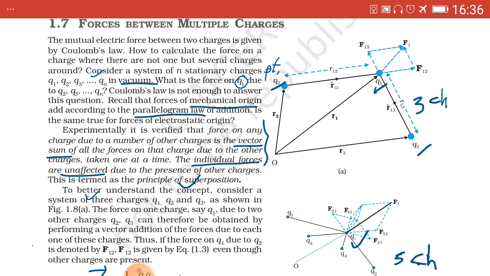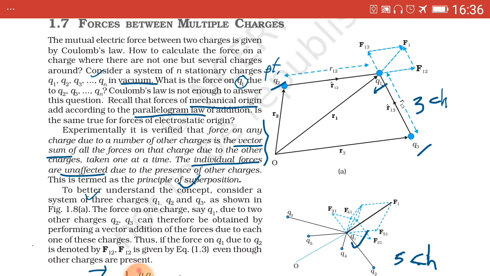Question number 3. Write the limitations of Coulomb's law. Along with this question, state Coulomb's law can also be asked. 2 marks. All those answers have been discussed ahead in the previous lecture.